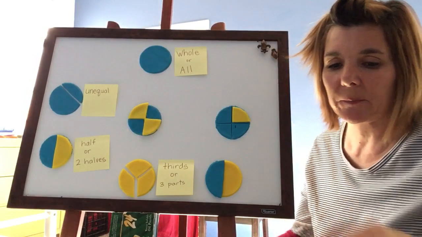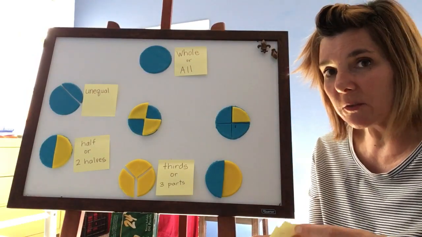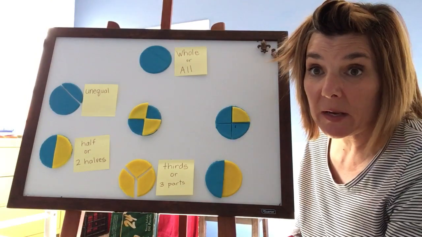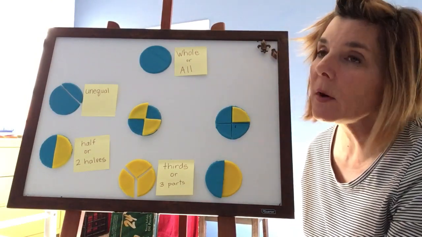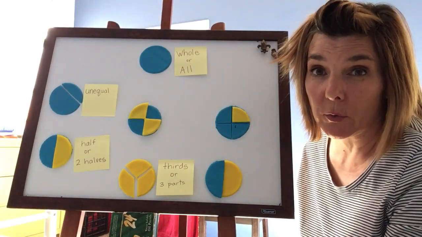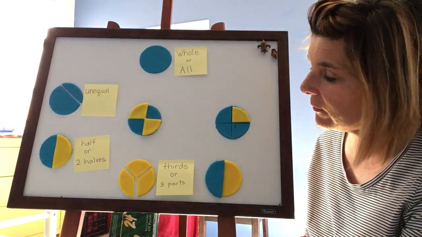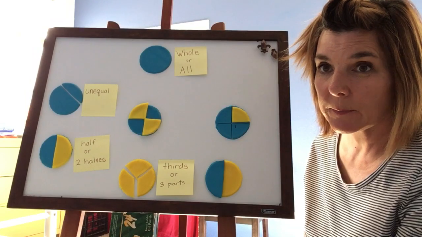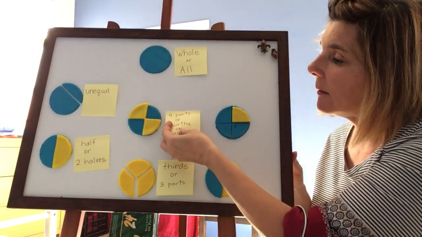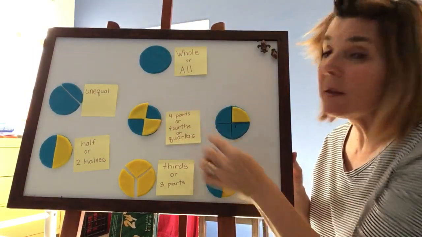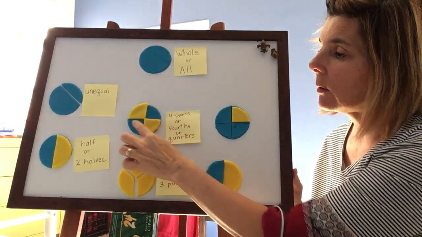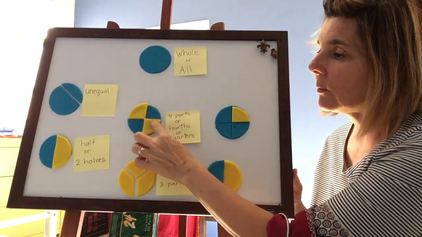easy to find. All right, so this next part has 4 parts. I could describe it as having fourths, or I could describe it as having quarters. Did you find it? It's this one here. Did you see the 4 equal parts? Yellow, blue, yellow, blue. 1, 2, 3, 4.